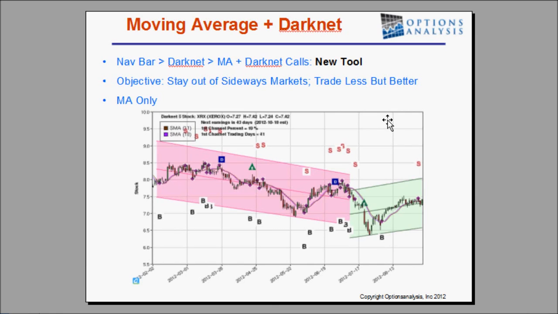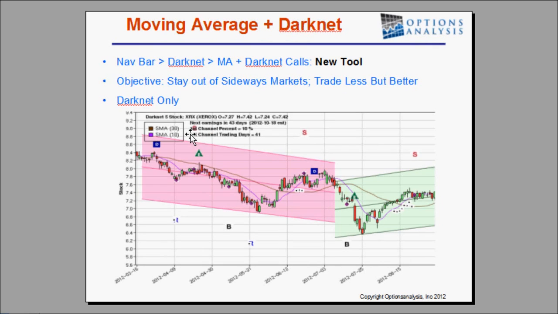So this is the stock Xerox using moving averages. Turns out we've discovered that a 10-11 moving average system is what works when you merge these two tools together. This is a very fast moving average trader. By itself, there would be a lot of buy and sell signals.